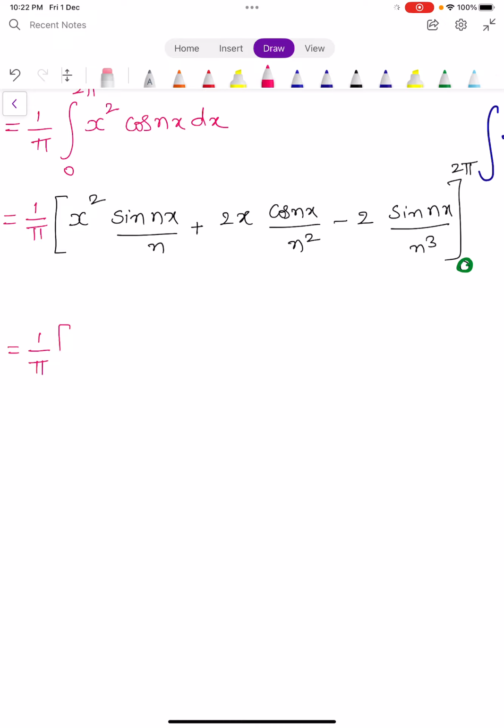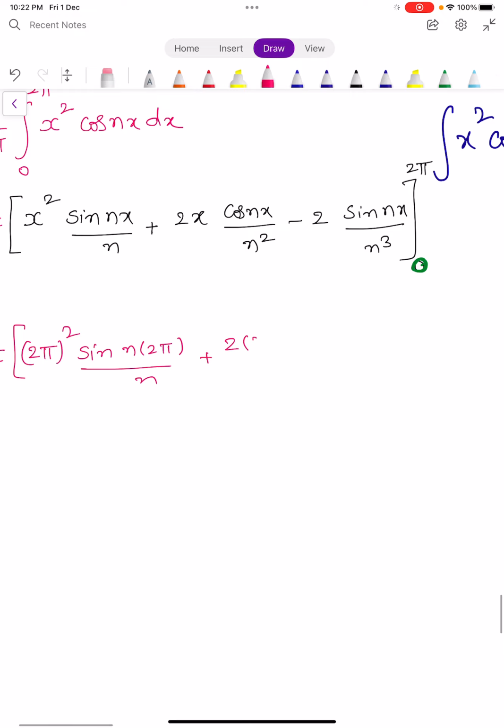1 by pi, x square means 2 pi whole square sin n 2 pi by n, plus 2 into 2 pi cos 2n pi by n square, minus 2 sin 2n pi divided by n cube.